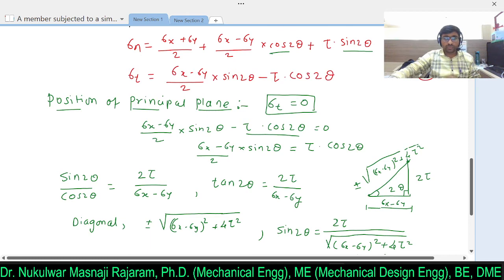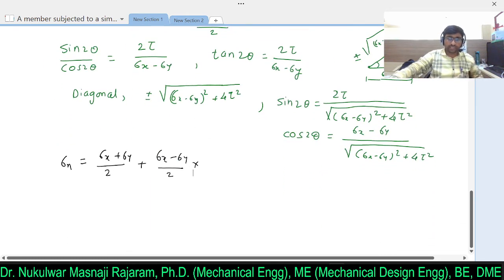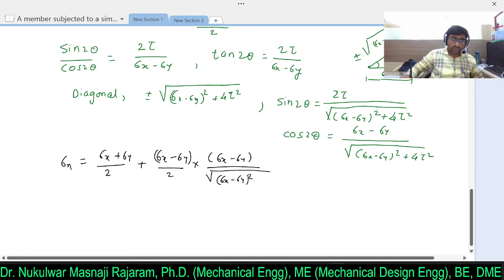Here, instead of cos of 2 theta, I am writing this expression: sigma x minus sigma y, I will make it a bracket so it will be easy, under root of sigma x minus sigma y whole square plus 4 tau square.